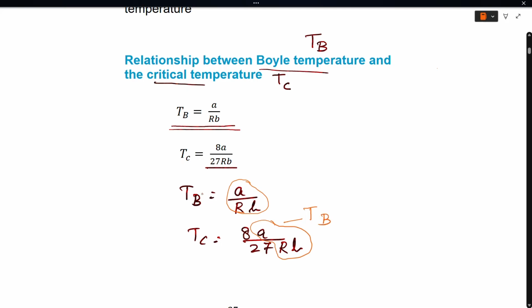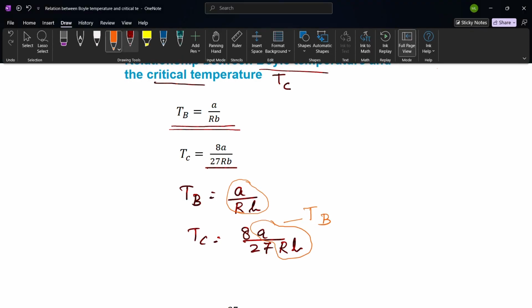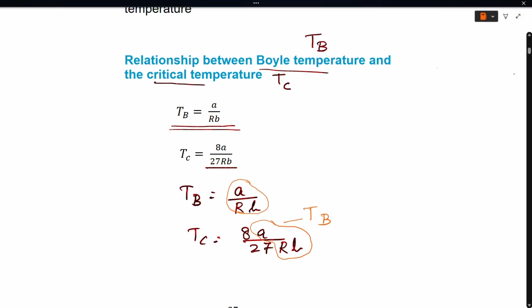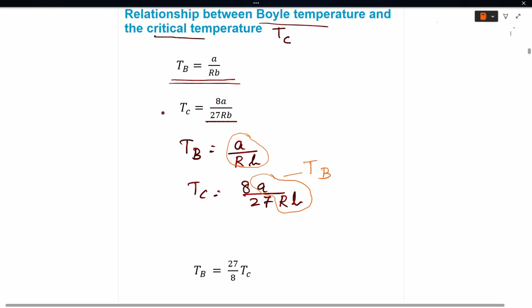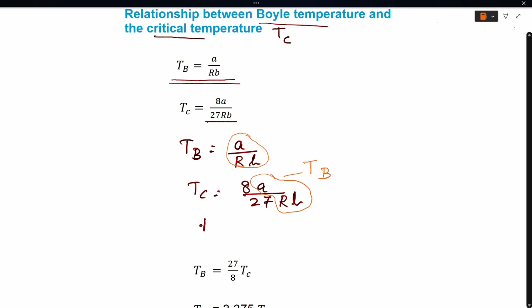Now we go back to the calculations. TC is equal to, with 8 and 27 left out, 8 by 27 into TB, because a by Rb is TB.